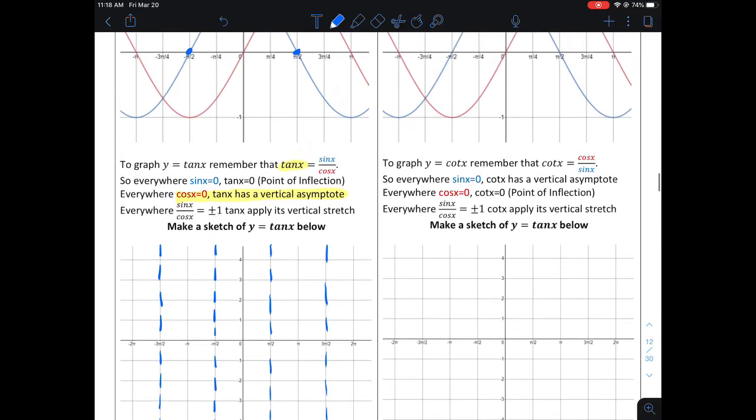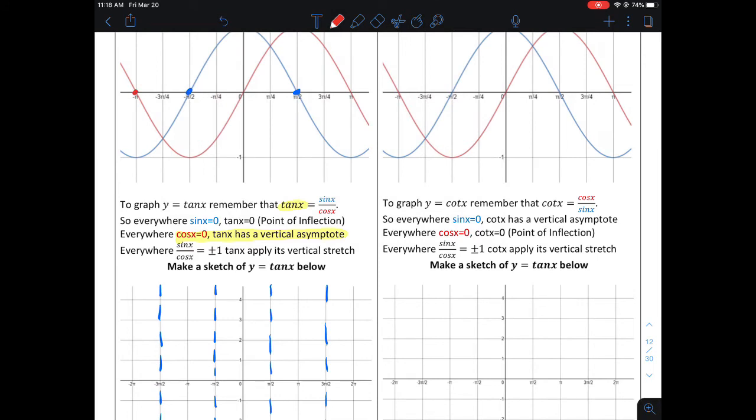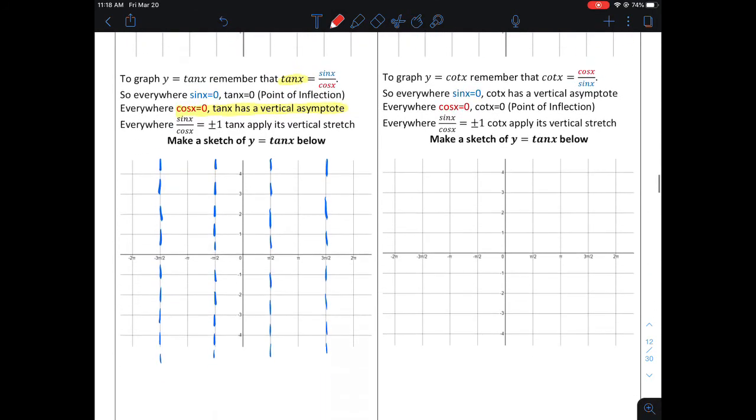Now, because it's the quotient function, everywhere that sine equals 0, tangent's also going to equal 0. So sine equals 0 on all the whole pi's. So at all the whole pi's, tangent is going to equal 0.